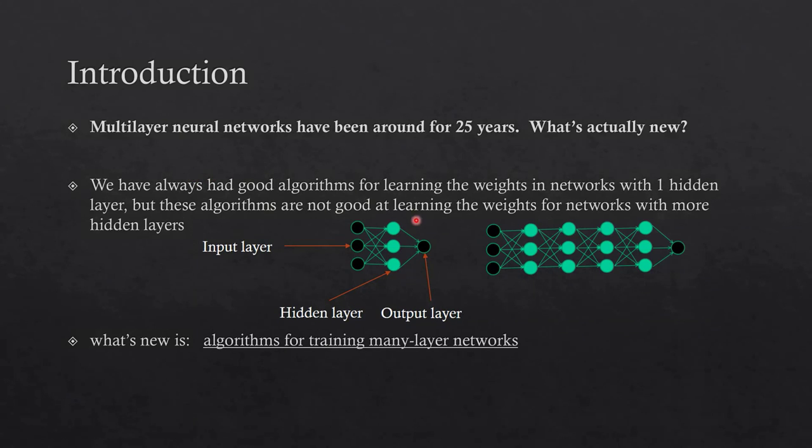So basically, this is how a neural network looks. We have an input layer in the beginning, where we feed the data. We have a hidden layer, and then we have an output layer. I will talk about this a little bit later. This is a single hidden layer, as you can see, and here we have a different model that has multiple hidden layers.